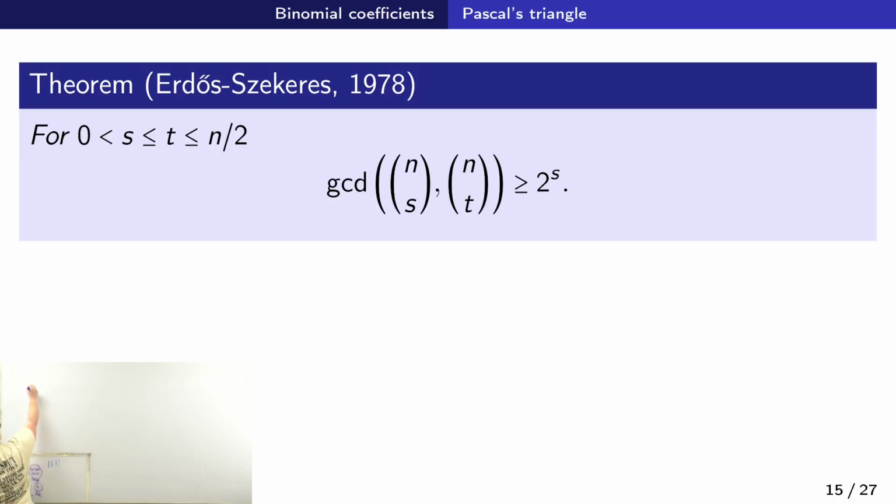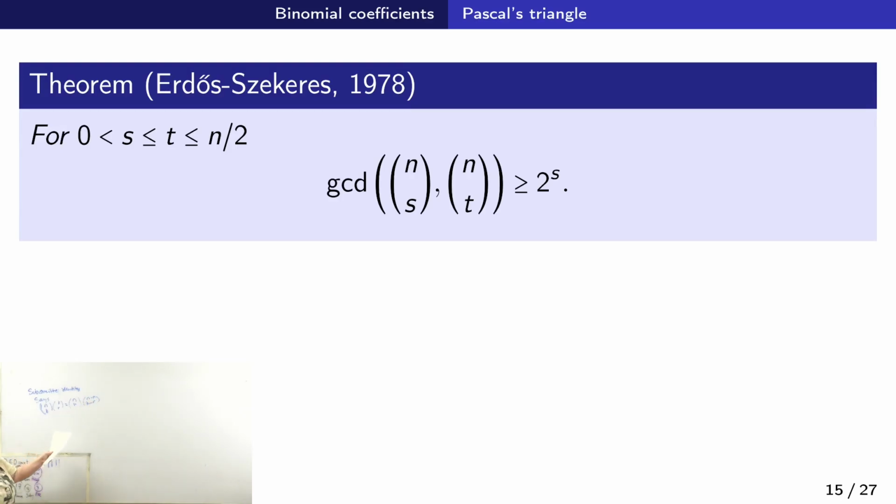Recall our subcommittee identity is going to be important again. n choose k times k choose r is equal to n choose r times n minus r choose k minus r.